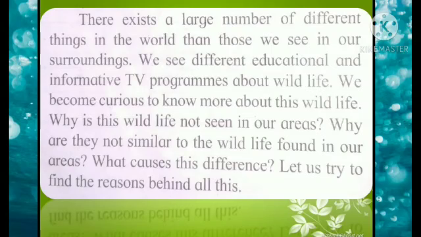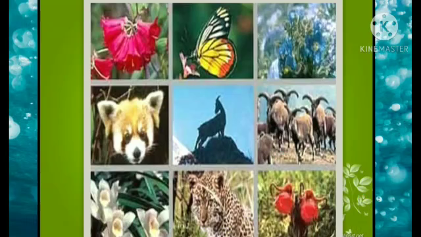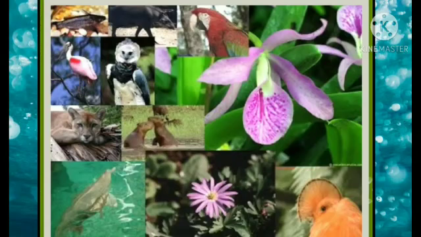So, children, it is told that there are a large number of different things in the world which are different from the things we find in our surroundings. Now, you must have seen Discovery channels or Animal Planet that there are different types of wildlife.